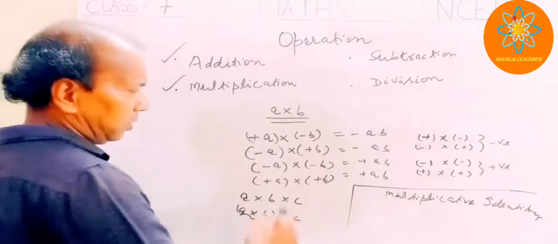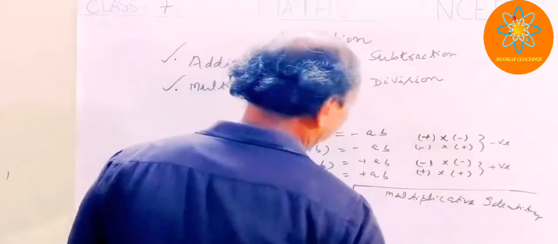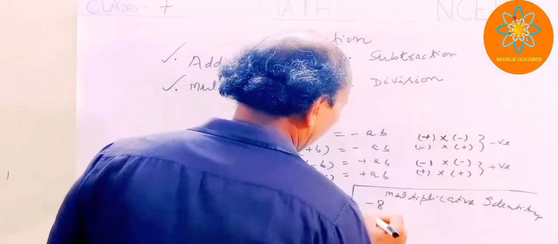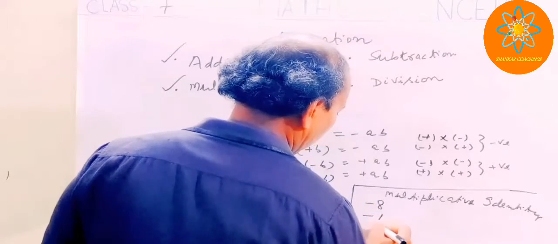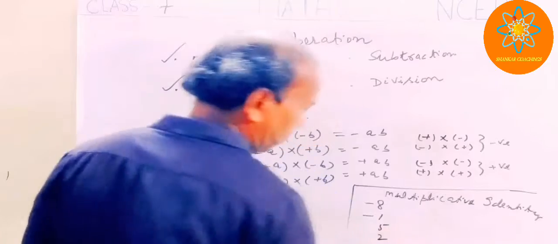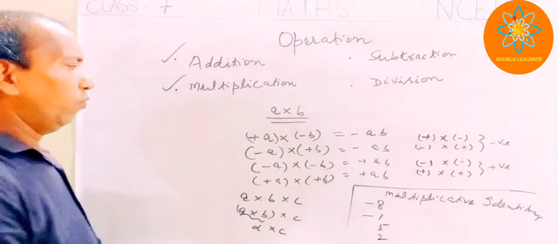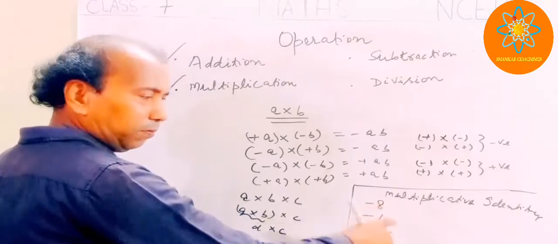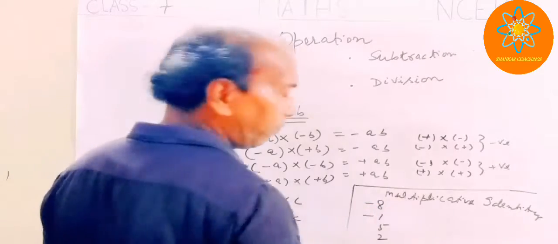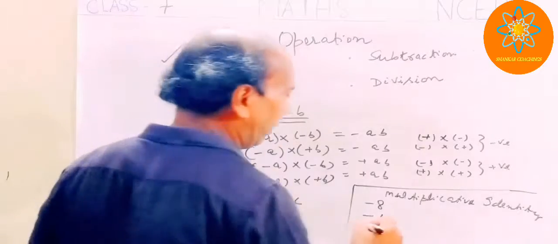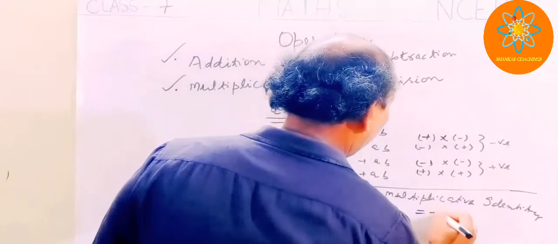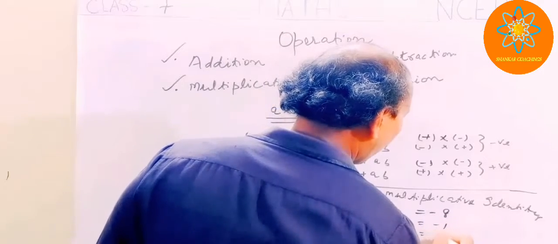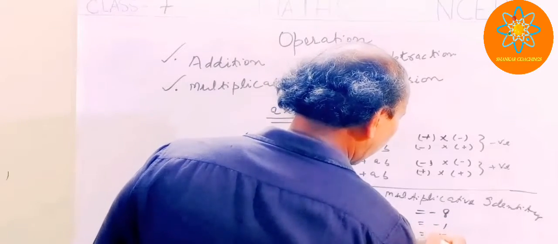Let's suppose we have numbers like -8, -1, 5, 2. We want to take a number in such a way that when you multiply it with each of them, you get -8, -1, 5 and 2.